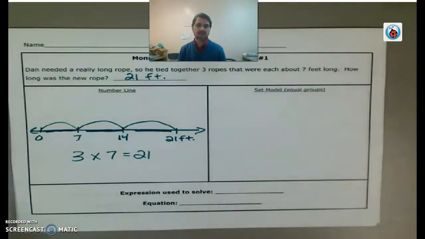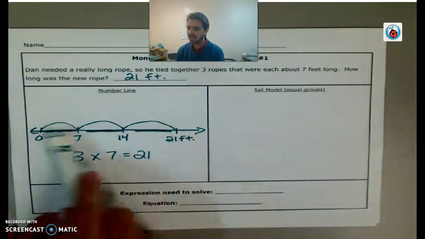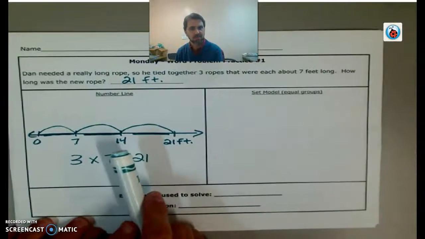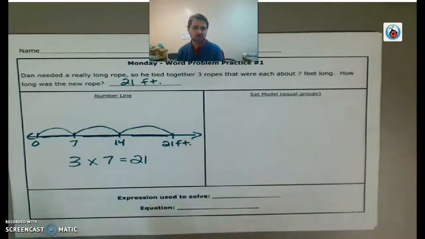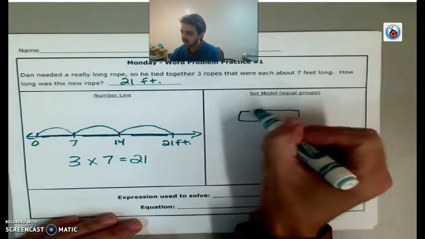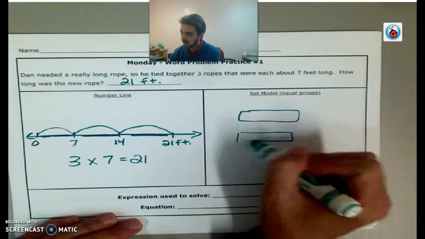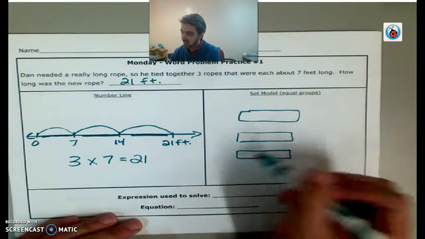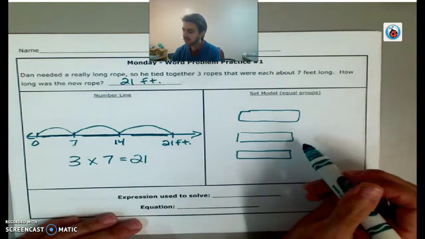All right, boys and girls, how does that go? I think the number line model is the best model for this word problem, don't you think? But you could do it with a set model, right? You could say, well, I've got 3 ropes, so maybe there's a rope, and there's a rope, and there's a rope, and each rope is 7 feet, right?